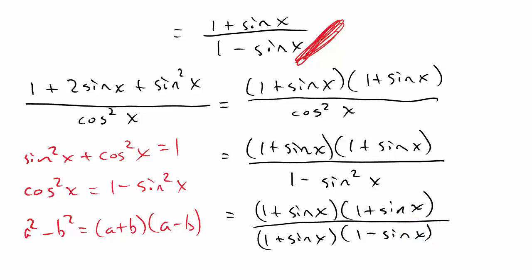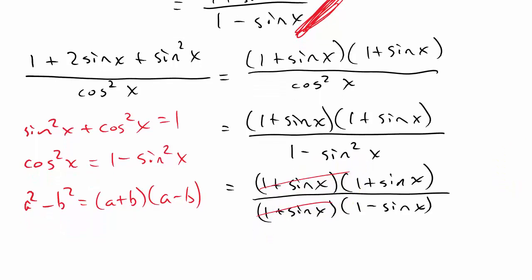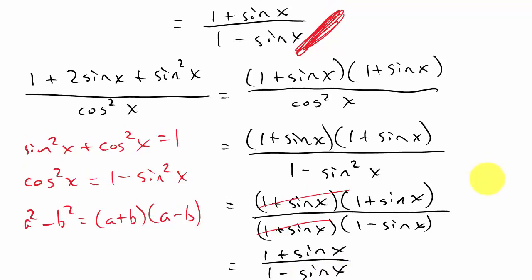Well, look at this. The 1 plus sine x factors cancel, and that is going to leave me with 1 plus sine x over 1 minus sine x. So you can see I'm left with 1 plus sine x over 1 minus sine x here, and here I have 1 plus sine x over 1 minus sine x.